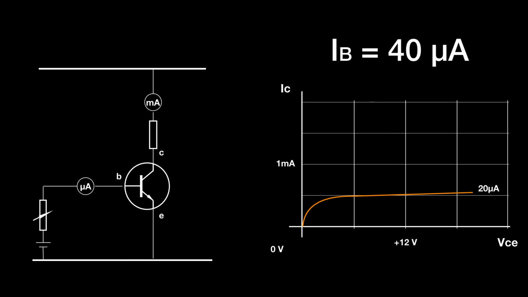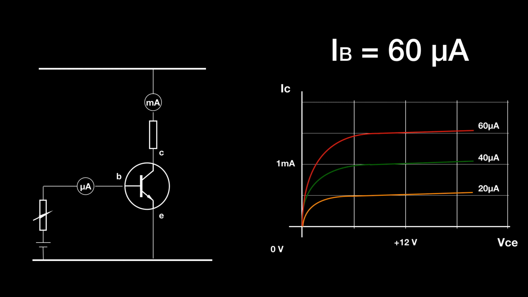Similarly, if we increase the base current to 40 microamps, virtually independent of what we put on the top rail as VCE, we get about a milliamp flowing. And it's the same picture if we increase the base current to 60 microamps, virtually independent of VCE, we get about 1.5 milliamps flowing.